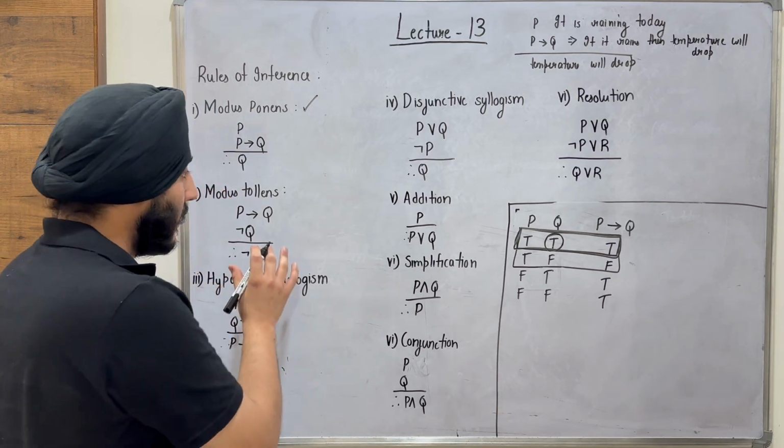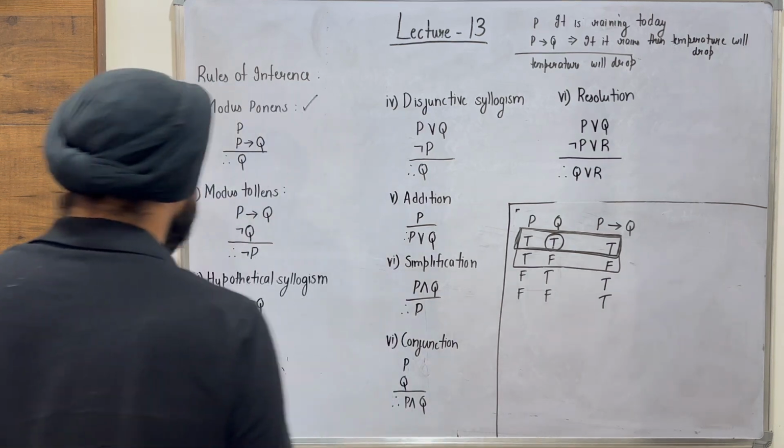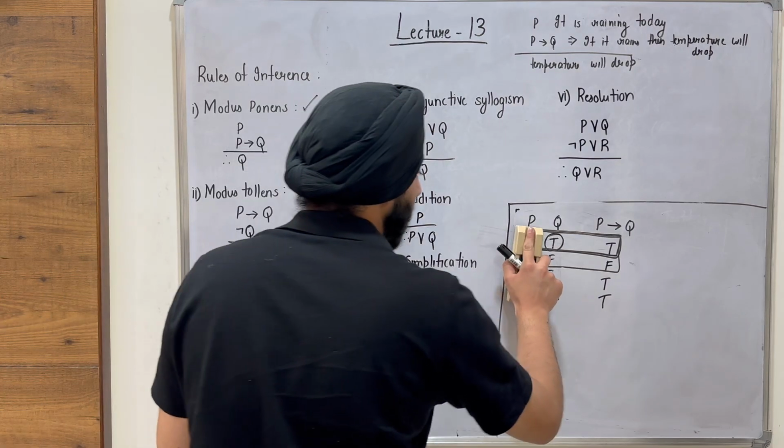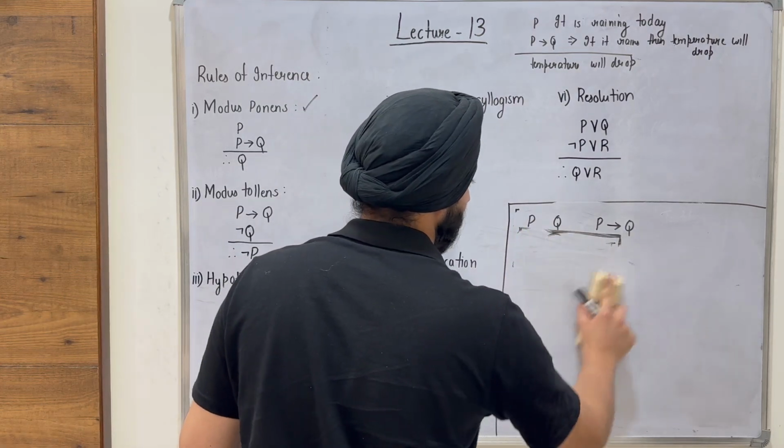Once again, let's try to understand this with the truth table that we have. Right, so I'm going to write the truth values once again.